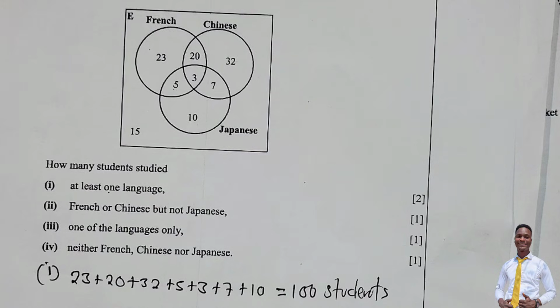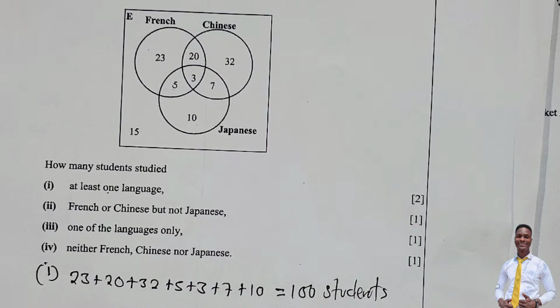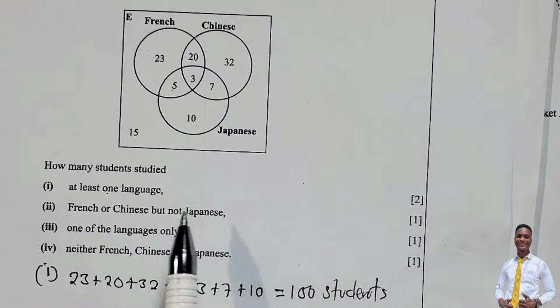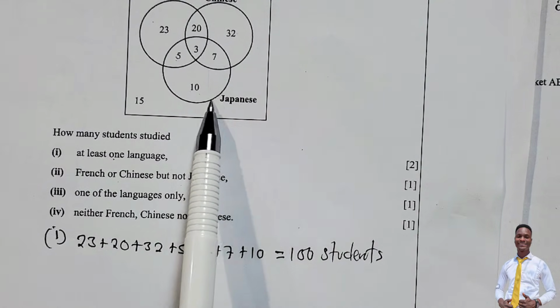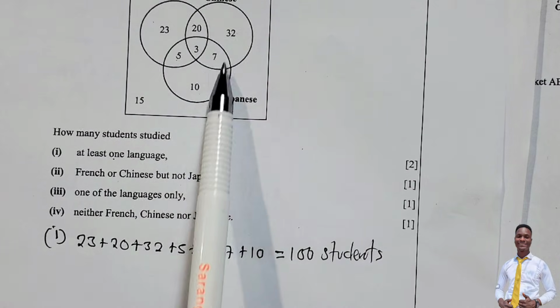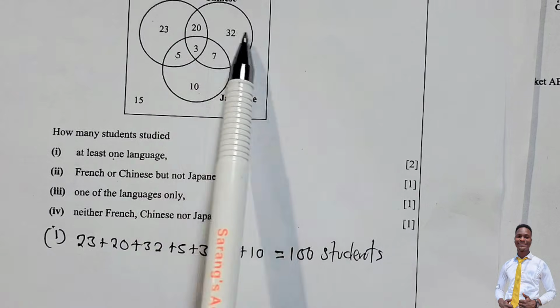100 students. The next question is saying, how many students studied French or Chinese but not Japanese? French or Chinese but not Japanese. But not Japanese means that we exclude Japanese, the same as Japanese complement. So we're not going to add anything here. So we're going to add 1, 2, 3.